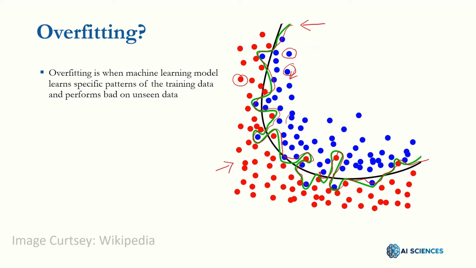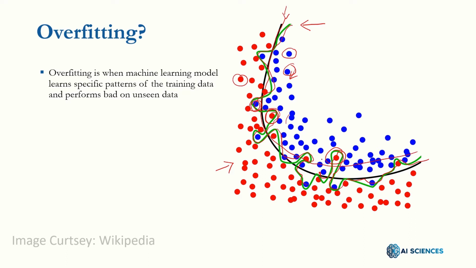But if the learning made by the model was this black curve, it has learned the general pattern over here. Few of these instances, for example, the blue one is here away from the line and the red one is here, because of a fault in the nature of recording of data.